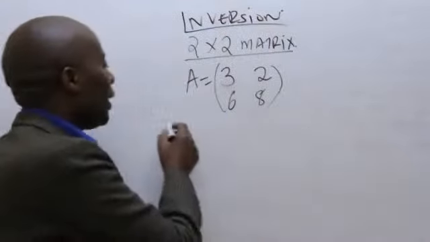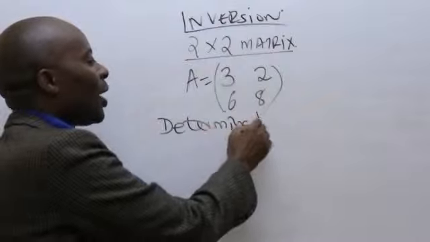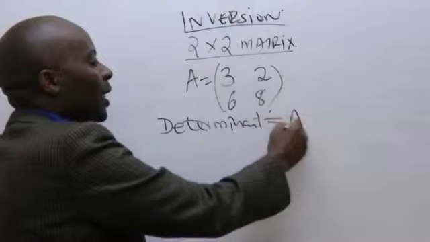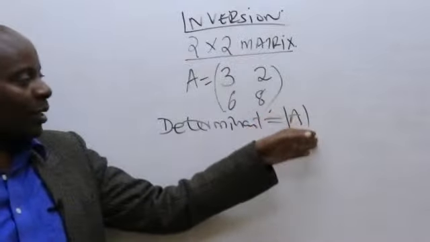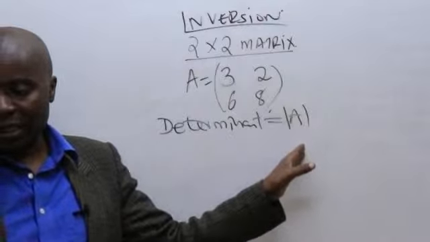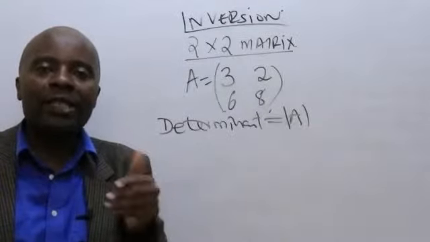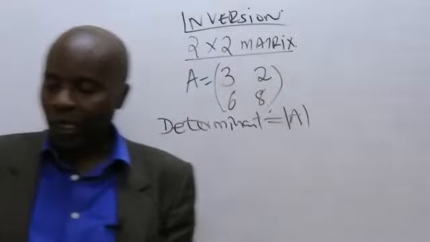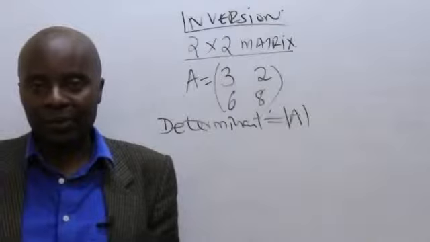The first step being you ascertain the determinant. And remember that our determinant is normally symbolized like that, A with these 2 parallel lines. Who can remind Mwalimu the formula of getting the determinant? Kindly help Mwalimu.